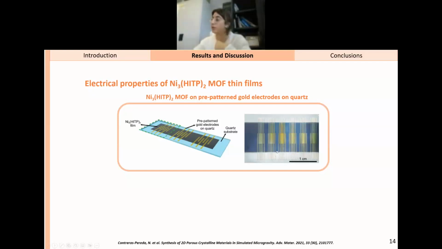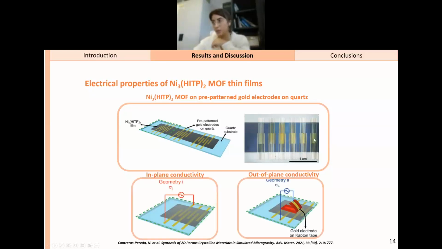This is an image of how it should look. What they did here was to measure the in-plane conductivity and the out-of-plane conductivity. For the in-plane, they measured it directly. For the out-of-plane, they had to put another gold electrode on a Kapton tape on top of the pre-patterned gold electrodes.